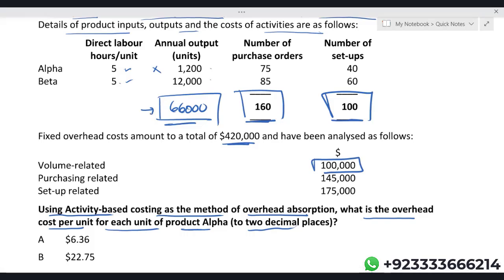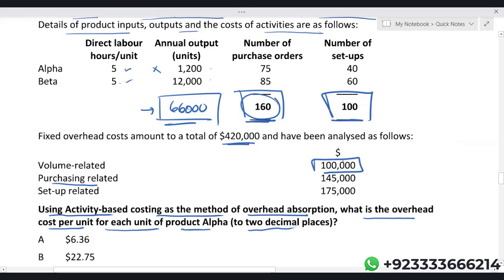Repeat, volume related. When it says volume related, you will be using the same basis for calculating the FOH absorption rate which we use in absorption costing. Okay. Purchasing related, 1,45,000 divided by 160 will give us the per purchase order cost. 1,75,000 is setup, divided by 100 will give us the per setup cost.